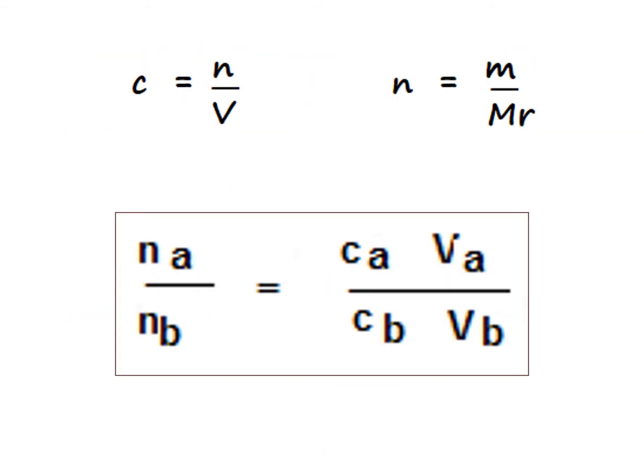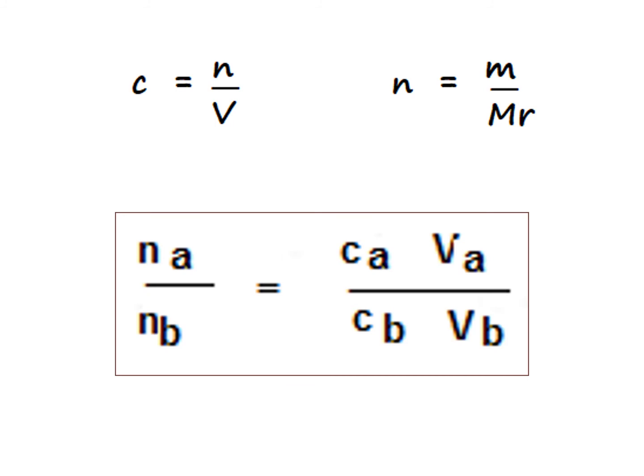In previous grades, you've used the formula C equals n over V. It means concentration is mole per volume. And you also use the formula n equals m over Mr, which means mole equals mass per molecular mass.